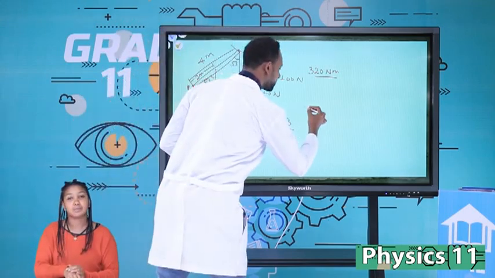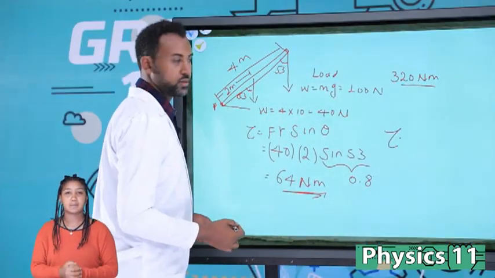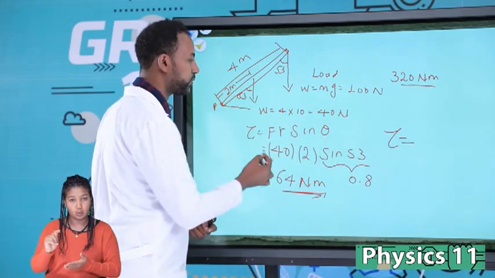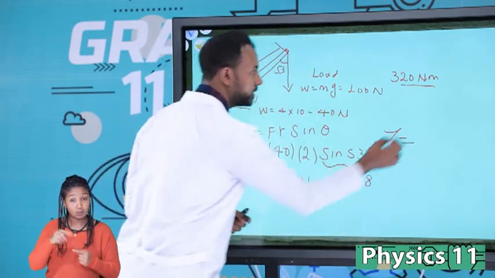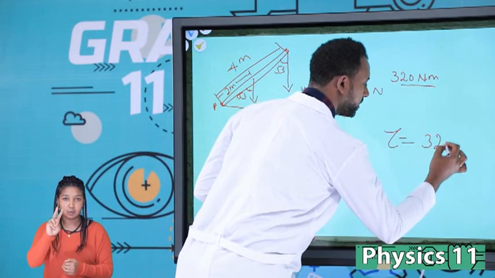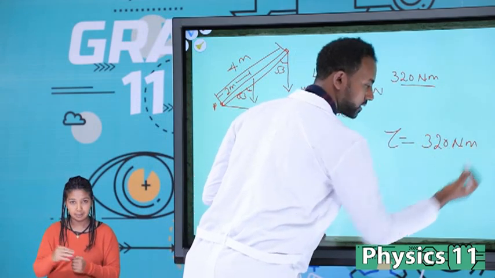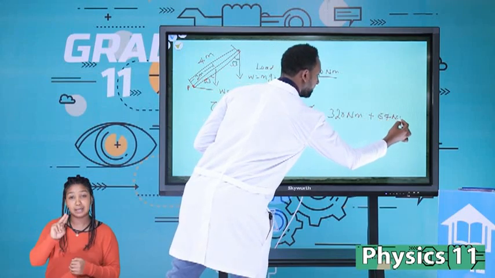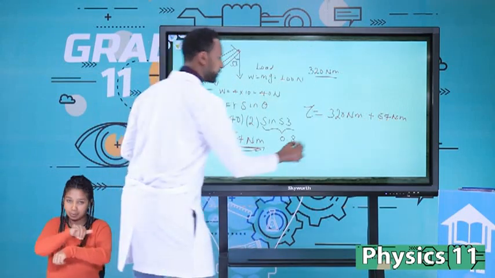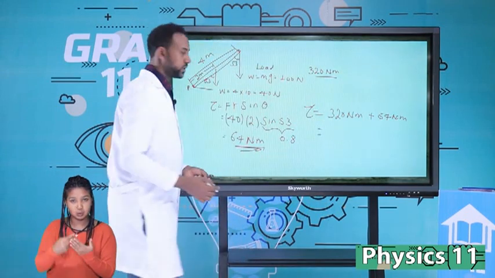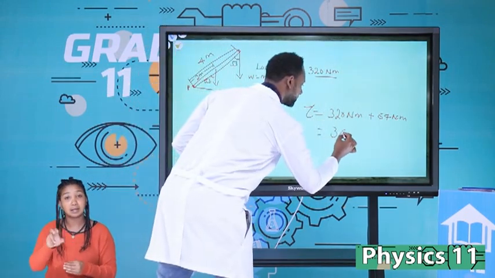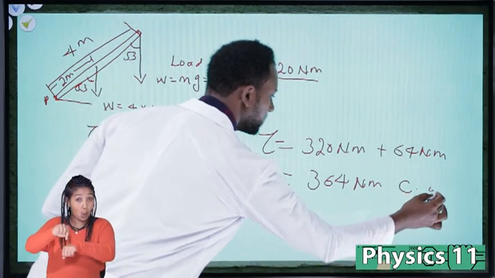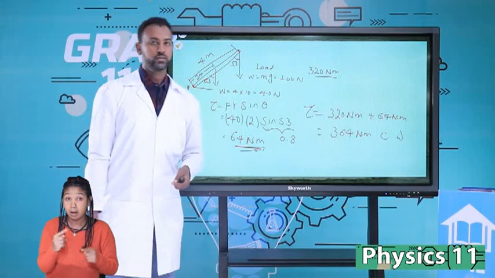The previous question asks us to determine the net torque, so we add these two, 320 Newton meter clockwise plus 64 Newton meter clockwise, and find 384 Newton meter clockwise.